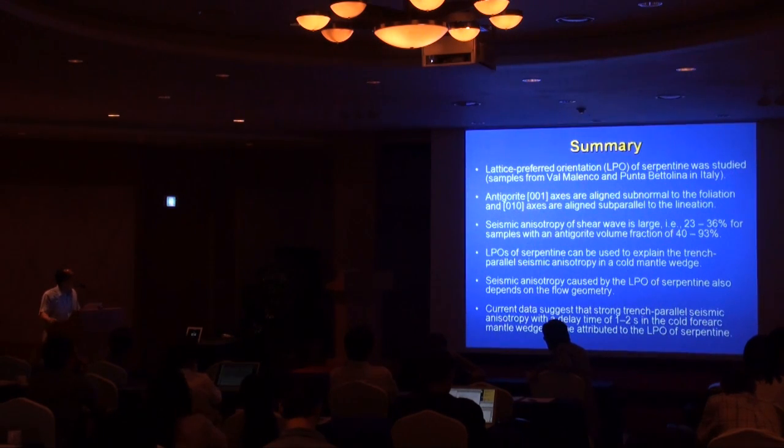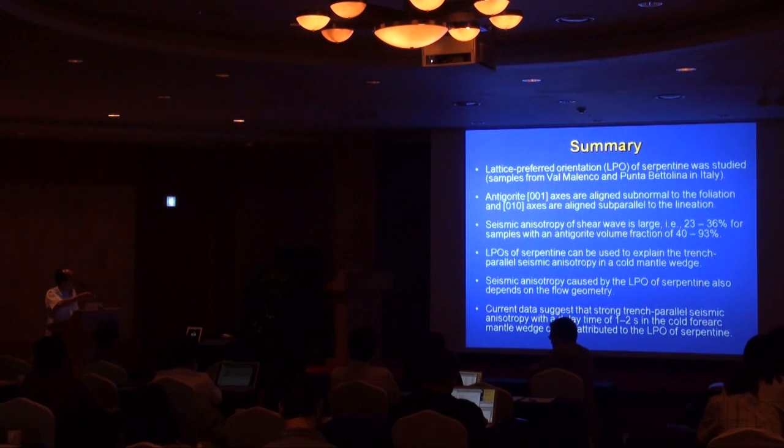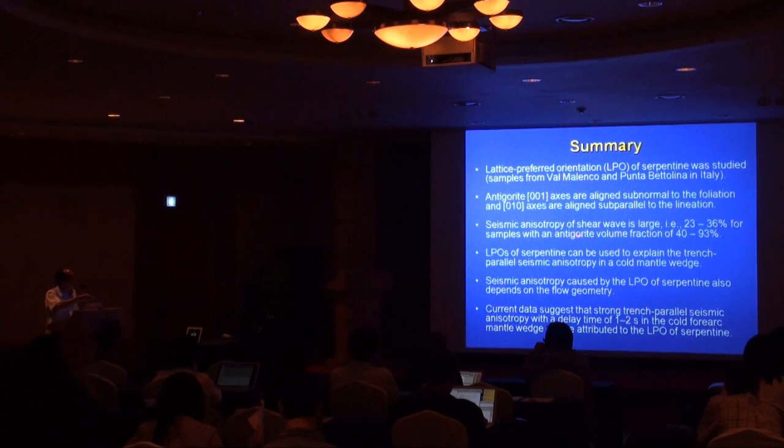In summary, lattice preferred orientation of serpentine was studied. Antigorite 001 axis aligns subnormal to foliation, and 010 axis aligns subparallel to lineation. Seismic anisotropy of shear wave was large, for example, 23 to 36% for samples containing antigorite volume fractions of 40 to 93%.